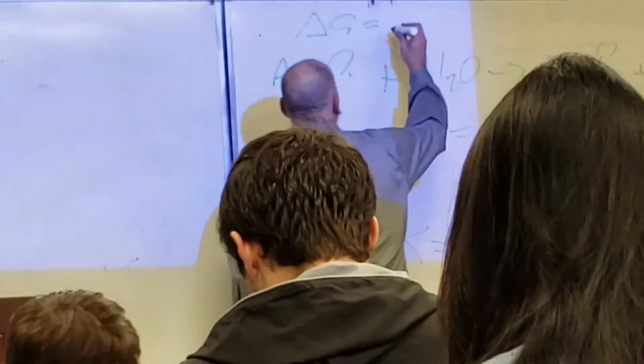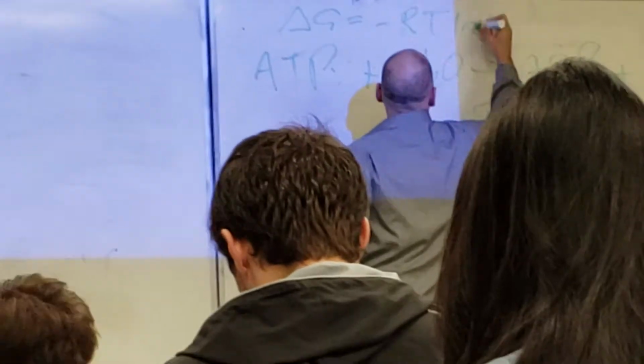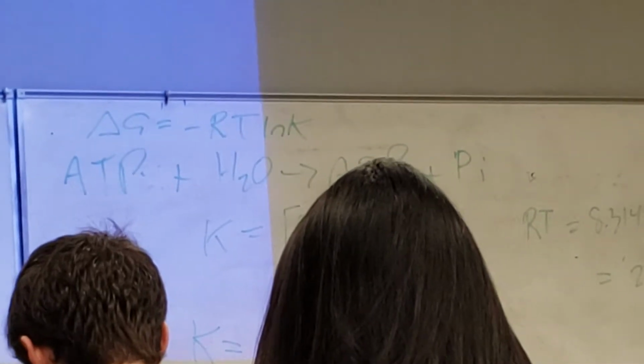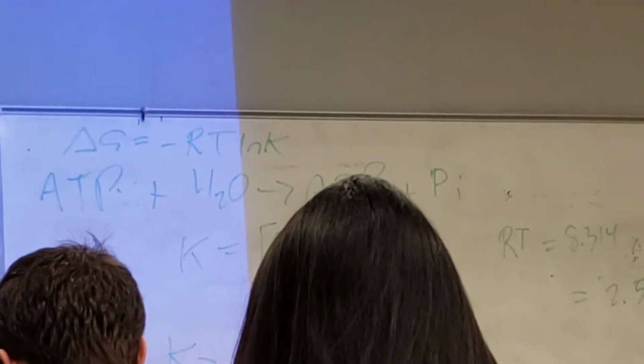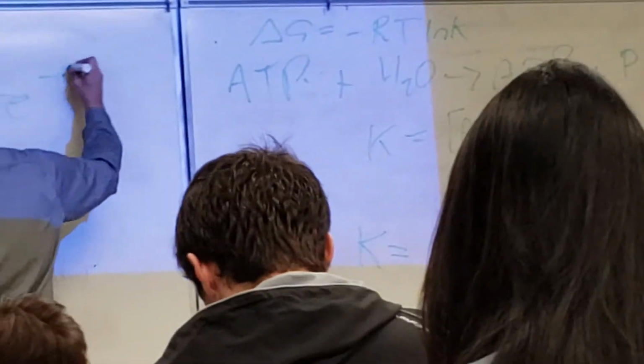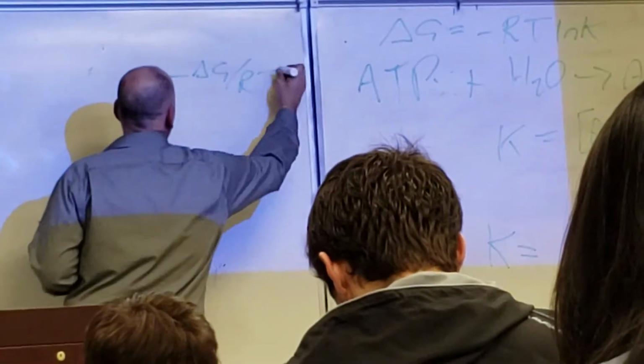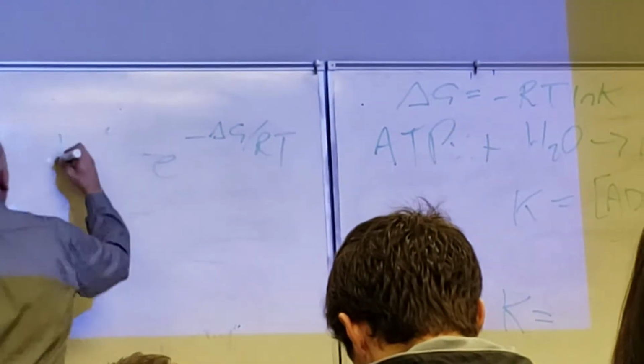Minus RT ln K. We learned it from algebra, right? So I want to isolate K. E to the minus delta G over RT. Absolutely. So that's my K. That's handy to me.